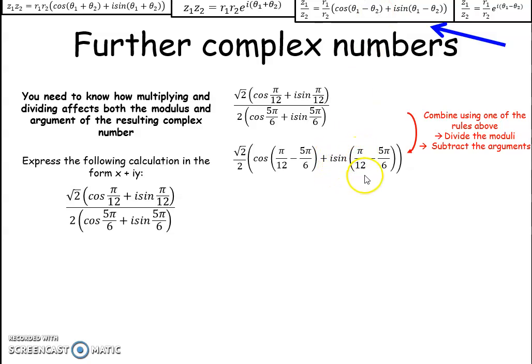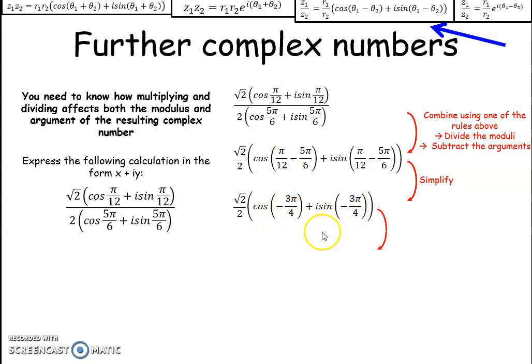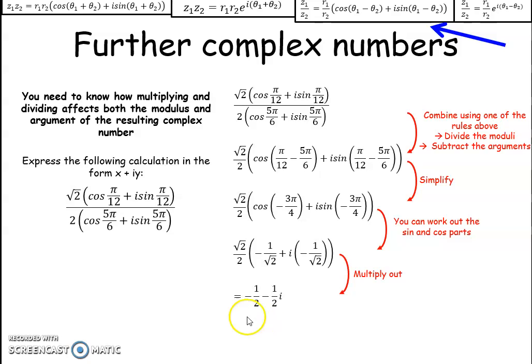When we subtract these two, we get cos(minus 3 pi by 4) plus i sin(minus 3 pi by 4), and cos minus 3 pi by 4 is minus 1 by root 2, and sin is minus 1 by root 2. When we multiply, we get minus 1 by 2 minus 1 by 2 i, so x is equal to minus 1 by 2 and y is also minus 1 by 2.